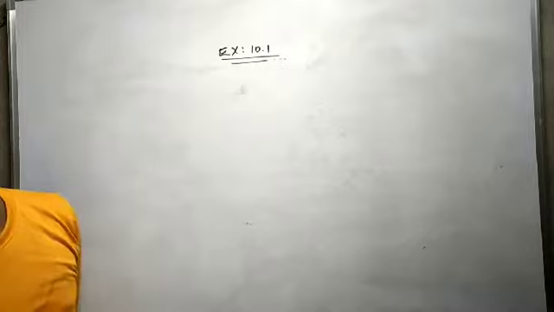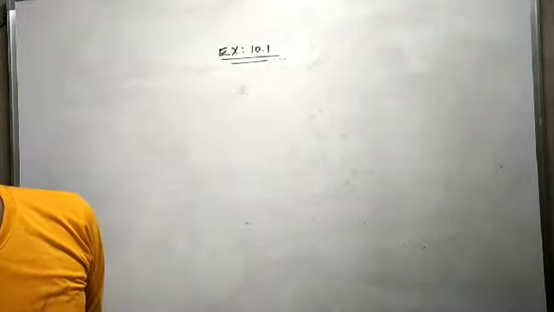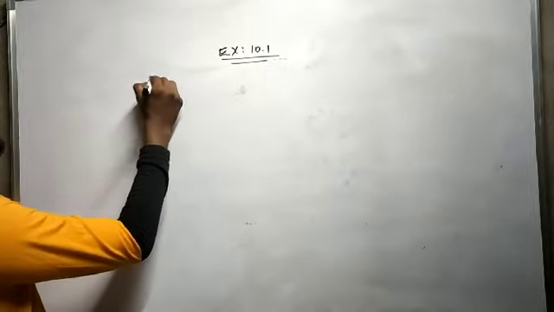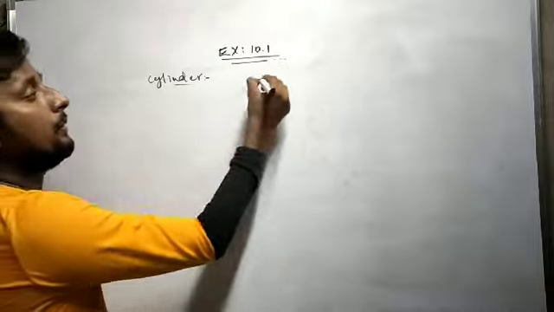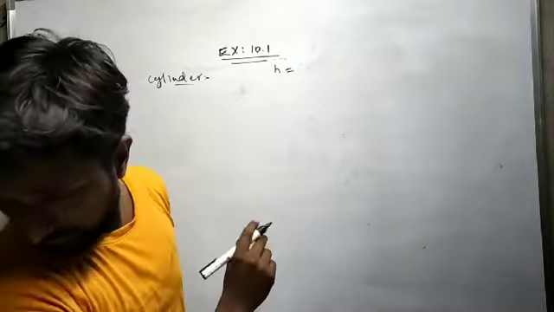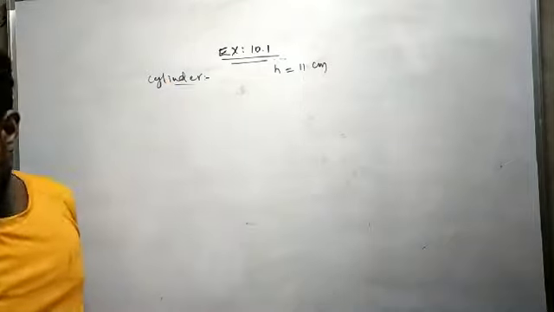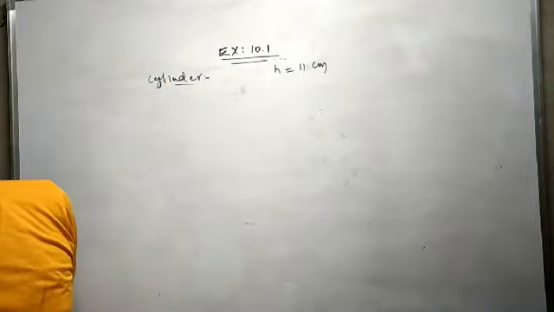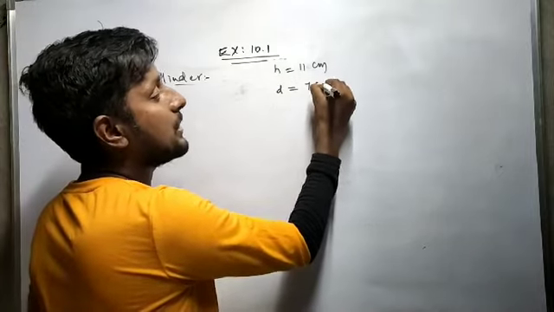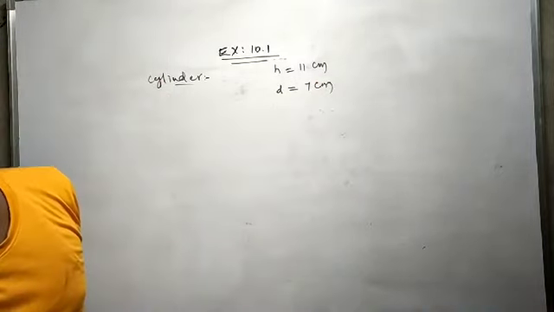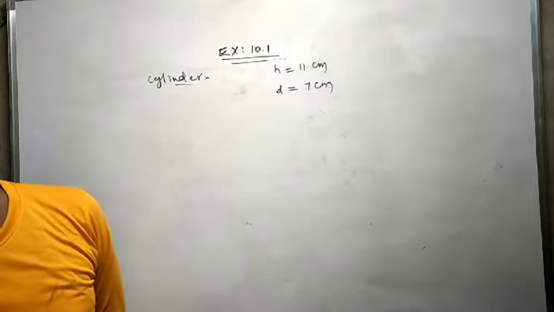Seventh problem. The shape of a solid iron rod is a cylinder. Height 11 centimeters. Base diameter is 7 centimeters. Then find the total volume of 50 such rods.